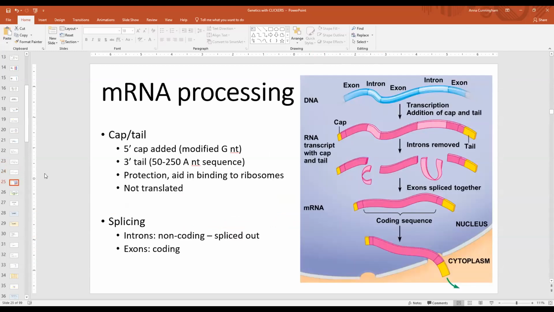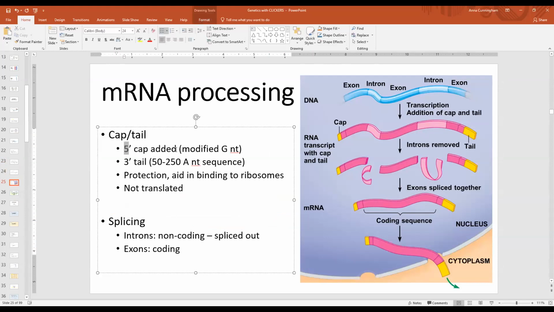And then what happens is that post-transcriptional modification, which is your mRNA processing, all we do is we add a 5' cap, which is just some modified guanines stuck on the 5' end, and a bunch of adenines popped onto the 3' end called a tail.